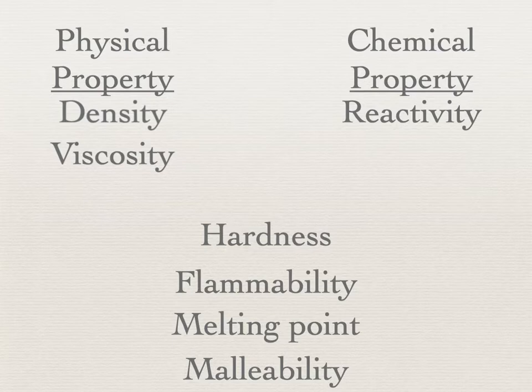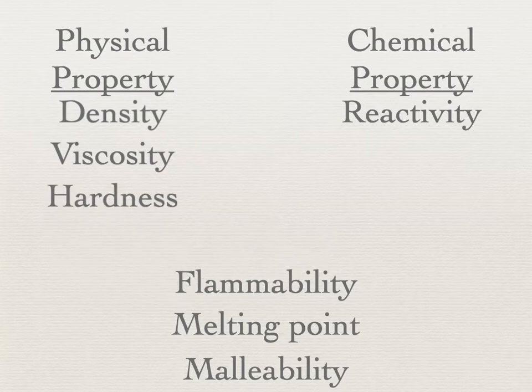That was referred to as the hardness measurement of that mineral. There's actually a scale called the Mohs hardness scale, where the hardest mineral you can get, of course, is diamond. But scratching a piece of rock is not going to change its chemical structure, so hardness is going to be a physical property.